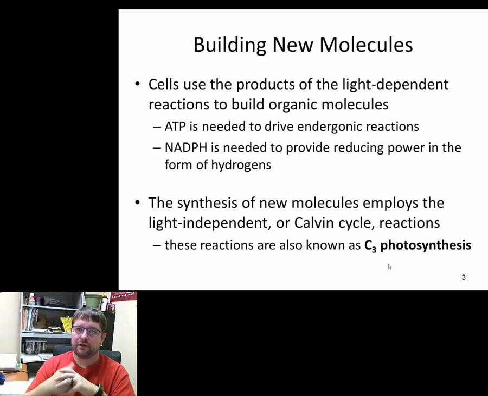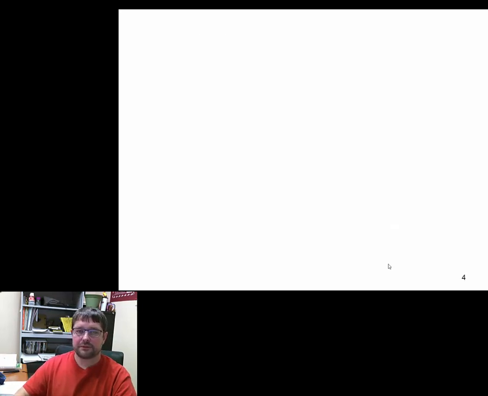So when you hear that's a C3 plant, that means it's doing photosynthesis the C3 way. There are also C4 plants that do photosynthesis a little bit differently, and we'll talk about them later in this lecture. And there are also CAM plants, which also do photosynthesis a little bit differently. We'll talk about both types later.